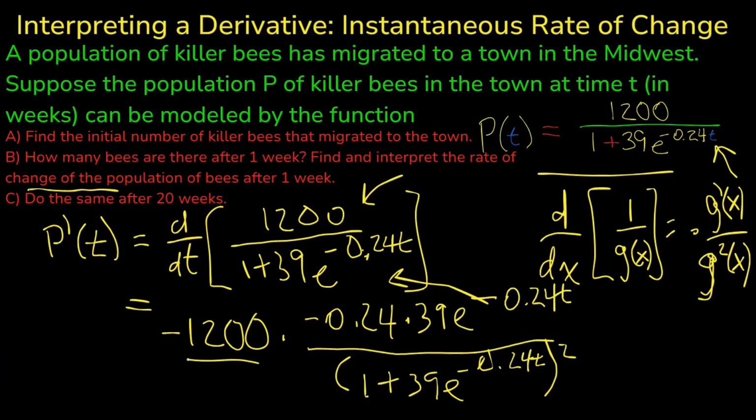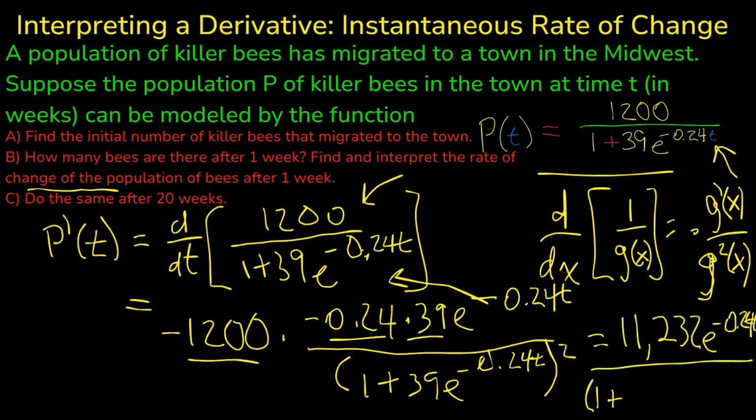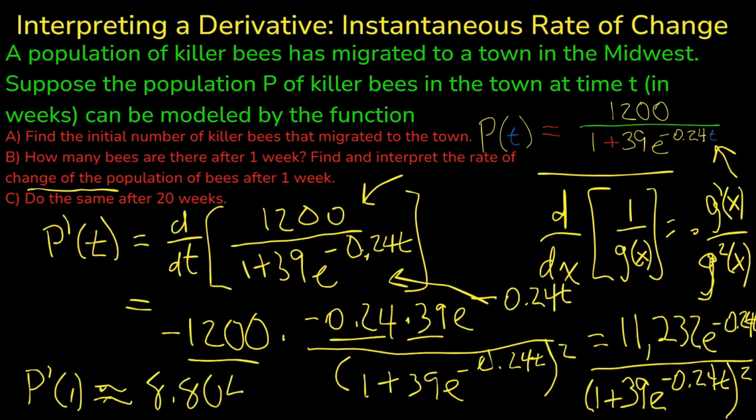Just multiply these constants in the numerator. Therefore, after 1 week, we would evaluate P prime of 1, and you would get approximately 8.804. So the interpretation here is important. That is, after 1 week, the population is increasing at a rate of approximately 8.8 bees per week.